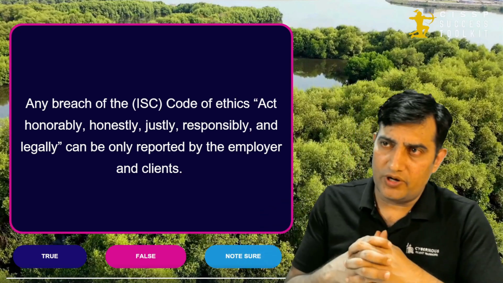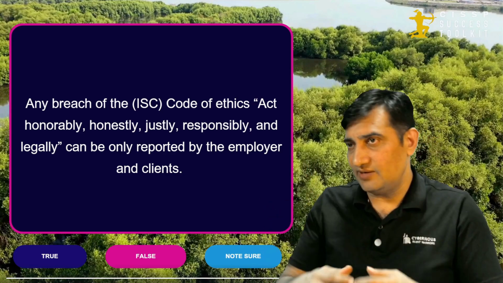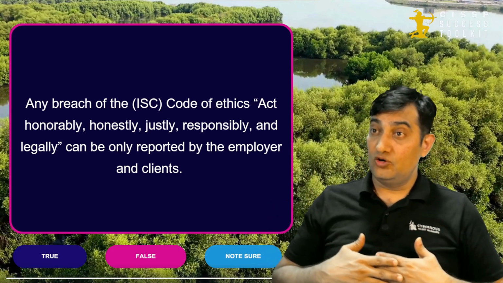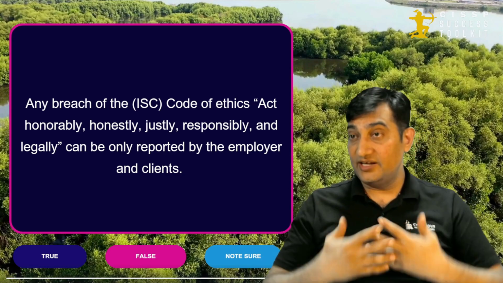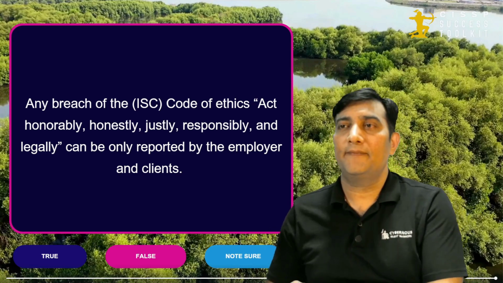If somebody wants to report against you, that should be your employer, because that particular canon is for providing due diligence, or diligent service, to your employers. So that is number 3.